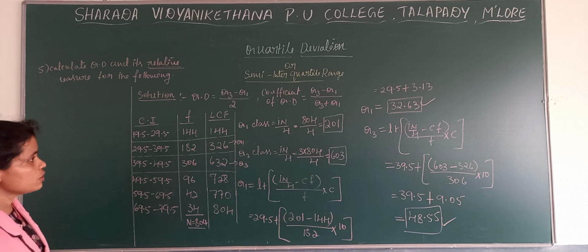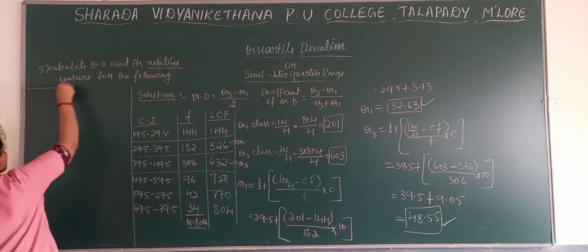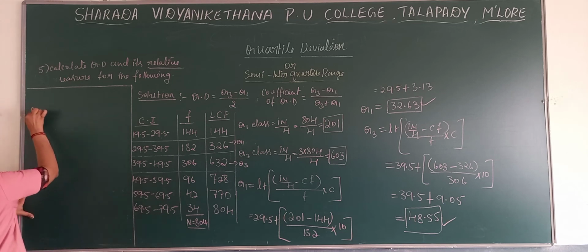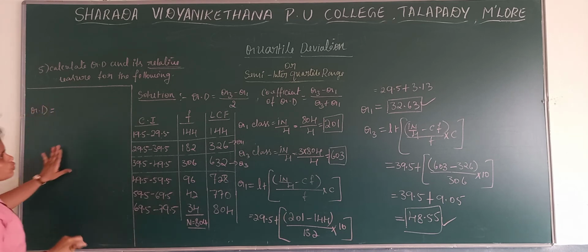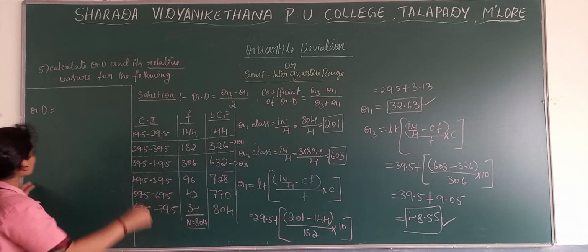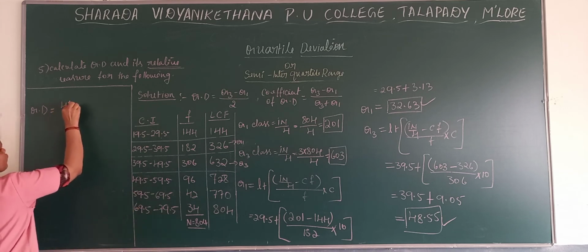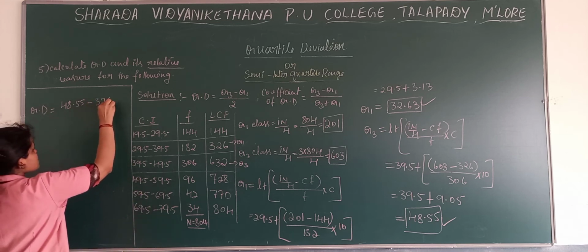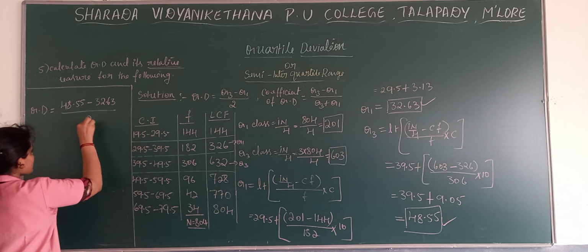Now, no need to write the formulas once again. Just take the quartile deviation is equal to Q3 value we got as 48.55 minus Q1 is 32.63 divided by 2.